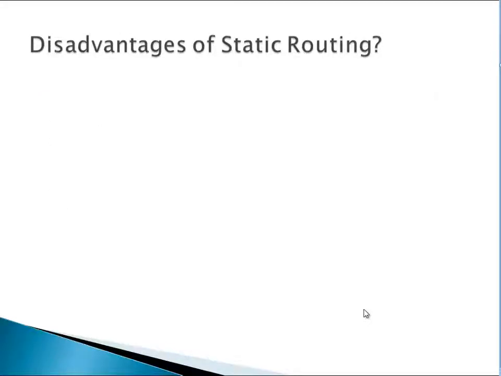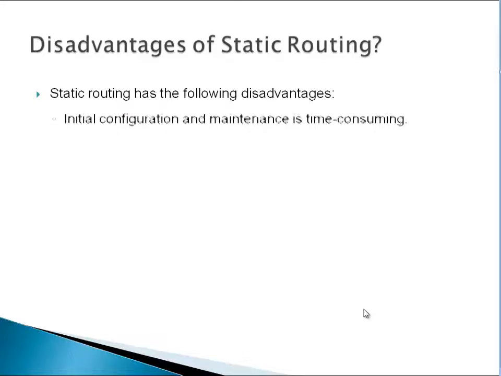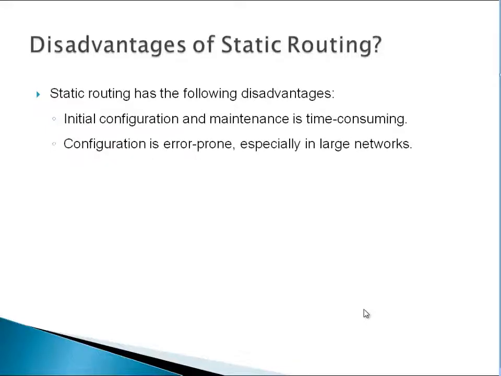A disadvantage of static routing is that initial configuration and maintenance is time consuming. That's a big disadvantage. For example, if we have to first configure like 10, 15, 20 static routes and maintain them, it will be very time consuming. Then configuring is error prone, especially in large networks.